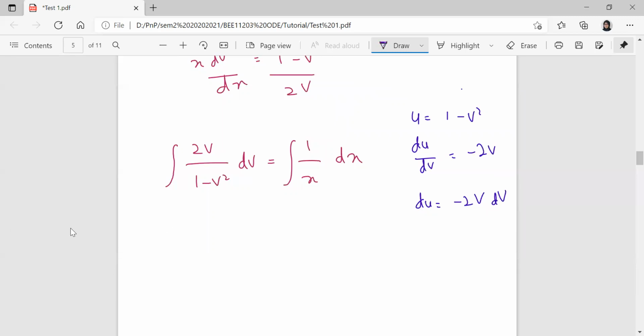Then we replace here: this one is u, so 1 over u, and 2v dv is du with a minus sign, so you have minus 1 over u du.